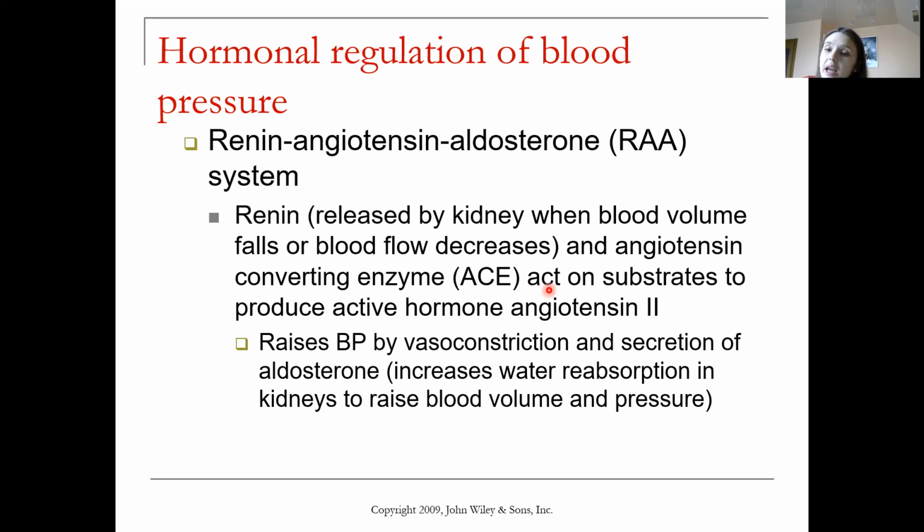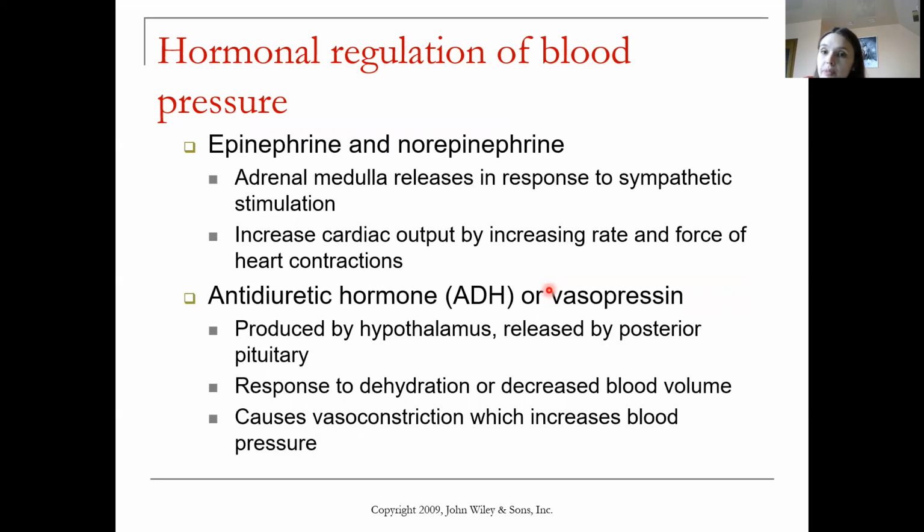But besides this, it affects the release of aldosterone by the adrenal glands, and aldosterone is responsible for reabsorption of sodium, and indirectly for reabsorption of water from the kidney. In this situation, we have an increase of blood pressure not only due to vasoconstriction but also due to the return of blood volume.